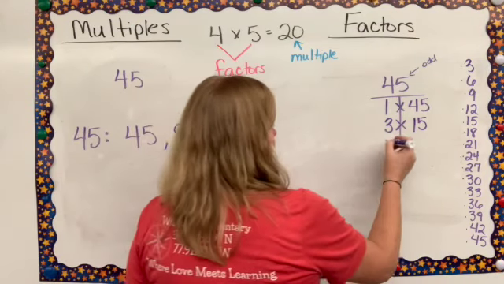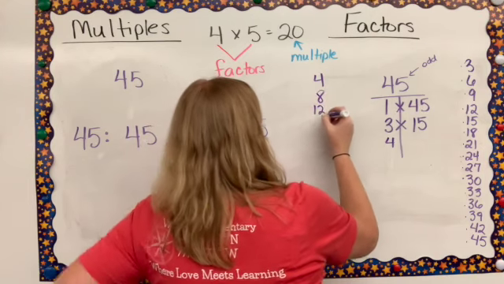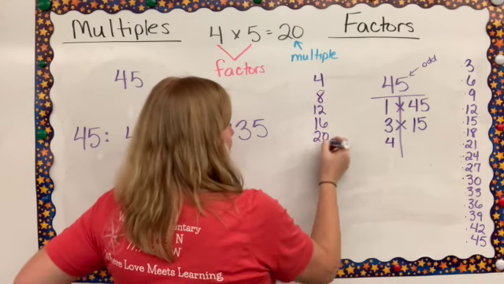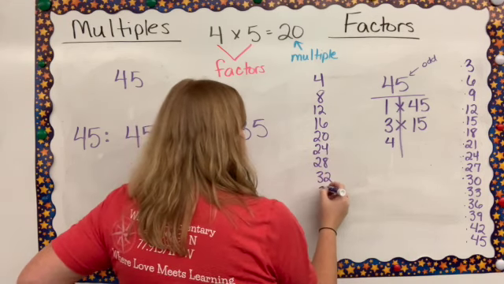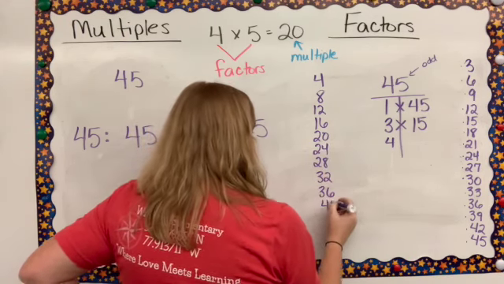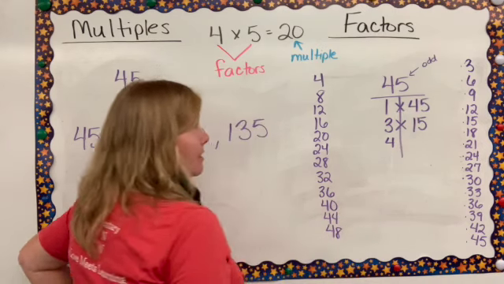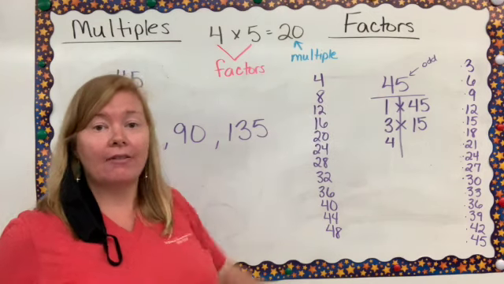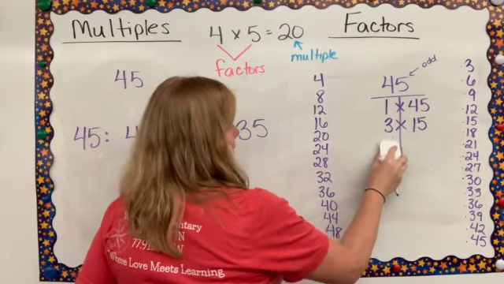Next, let's try our 4s. 4, 8, 12, 16, 20, 24, 28, 32, 36, 40, 44, 48. Did I say 45? No, I did not. So 4s do not work.